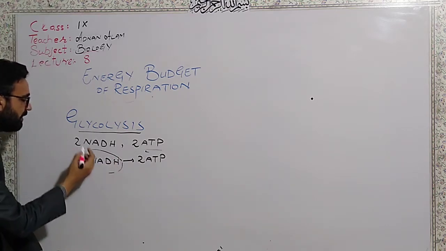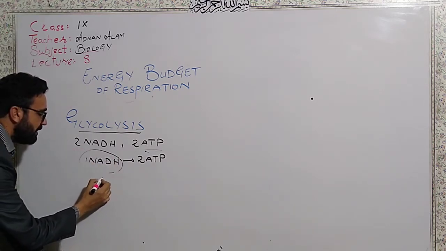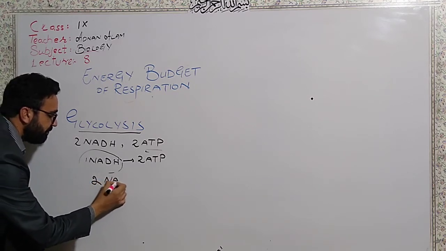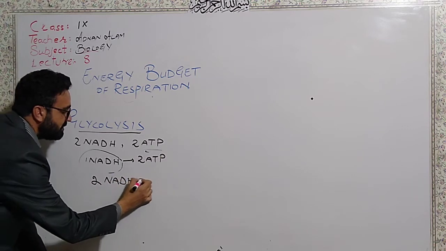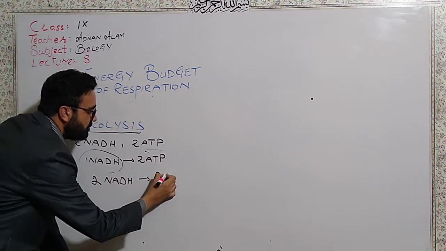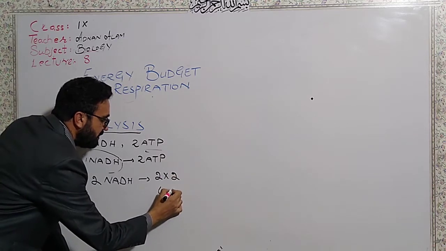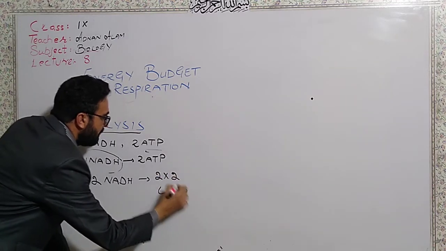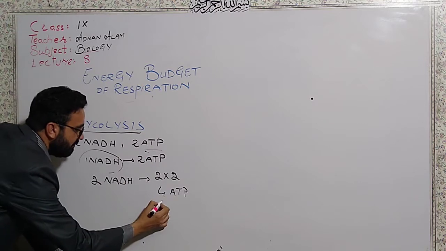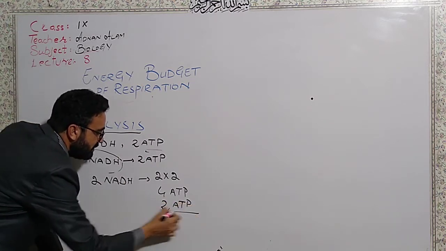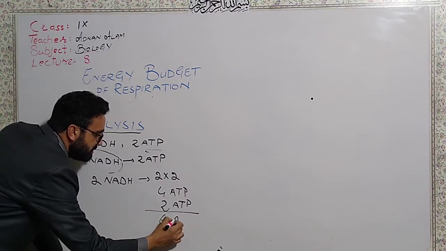So here we have 2 NADH, which means 2 multiplied by 2, 4 ATPs, plus 2 ATPs that are directly formed. So the total yield will be 6 ATPs.